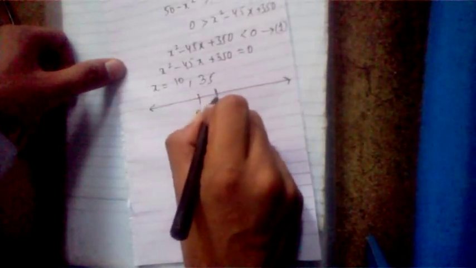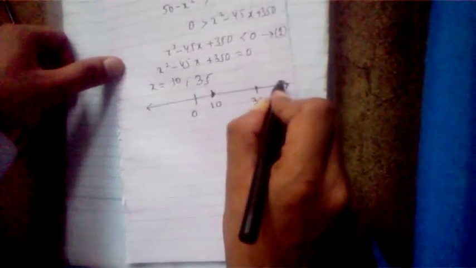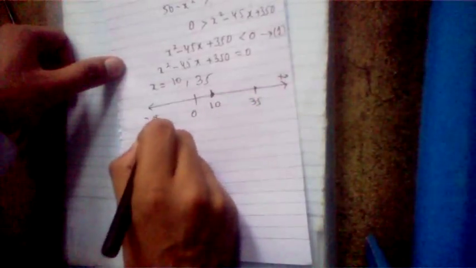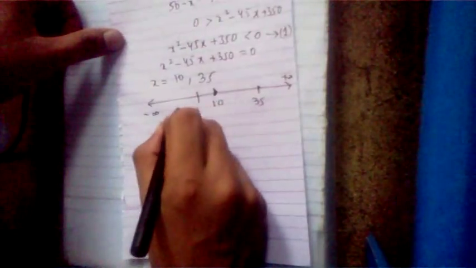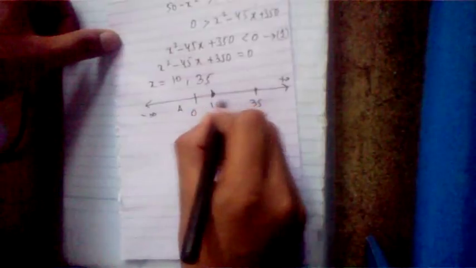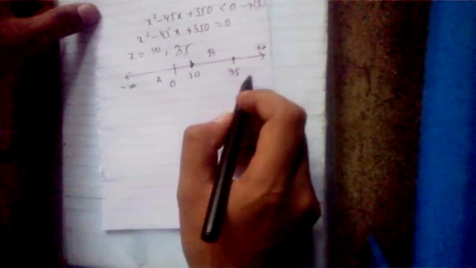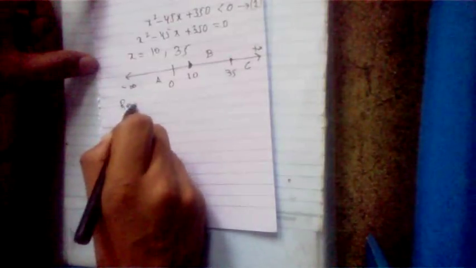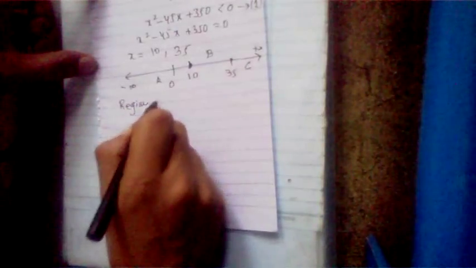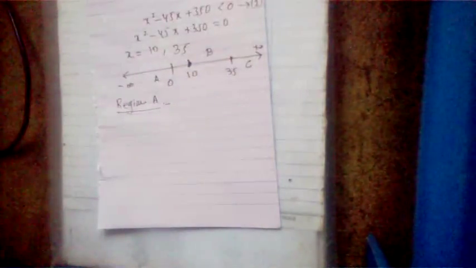This is 0, this is 10, and somewhere here it is 35, here plus infinity and here negative infinity. So region A is from negative infinity to 10, this is region A, and region B is from 10 to 35, this is region B, and C is from 35 to infinity, this is region C. You will test the region A to qualify as a solution region.